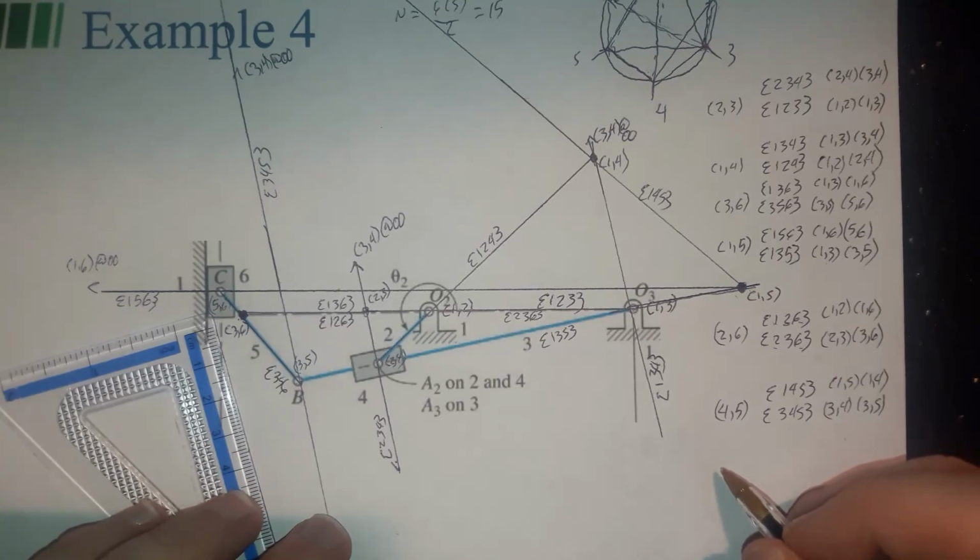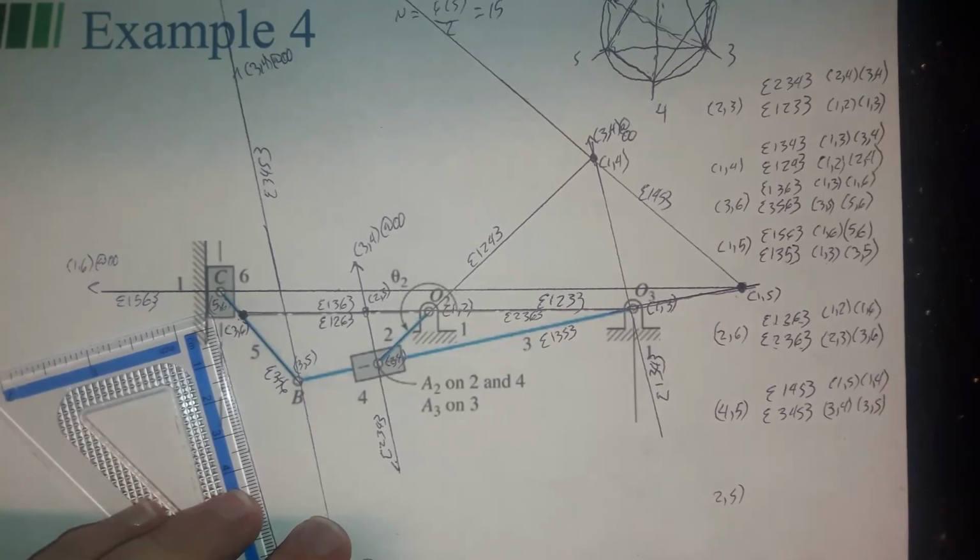Okay. Which is a shame because I'd really like to use it to find, say, 2, 5. So I still have to find 2, 5, 2, 6, and there should be one other that I need to find, and also 4, 6 is the other one that I'm going to need to try to find.